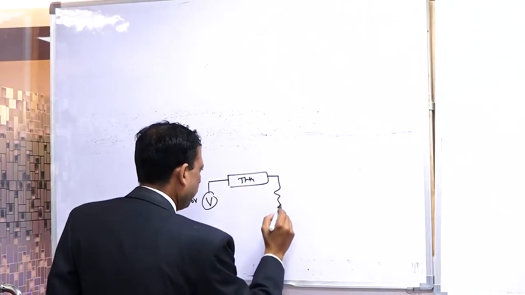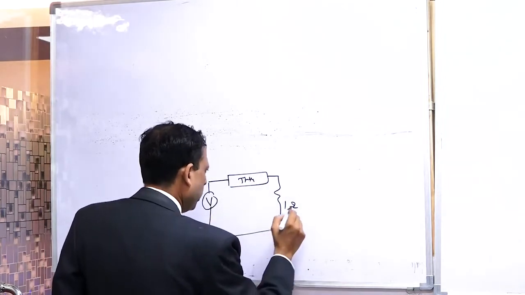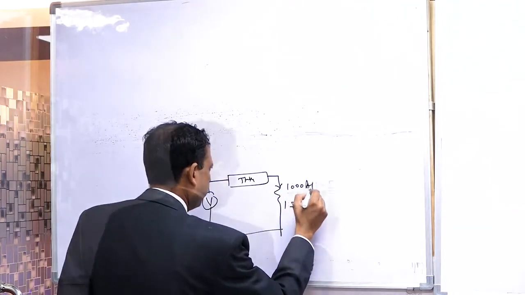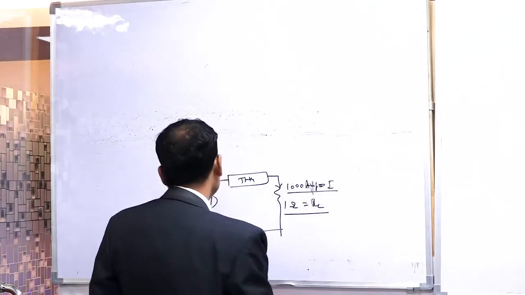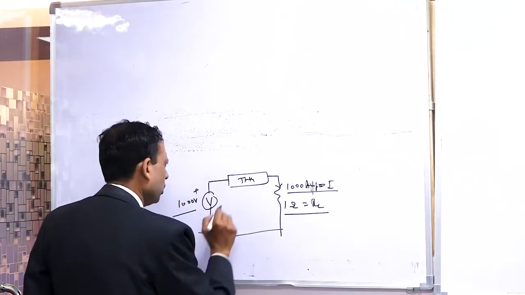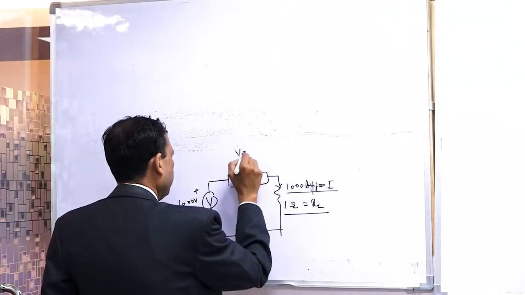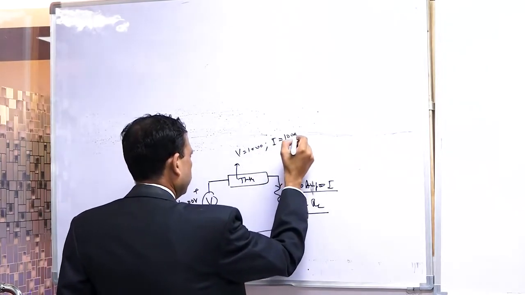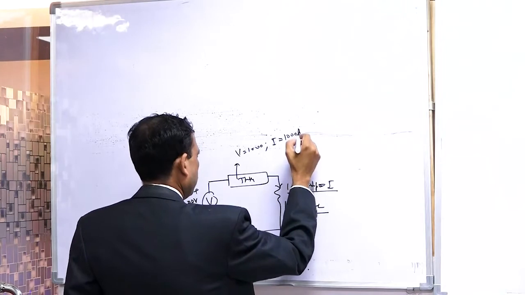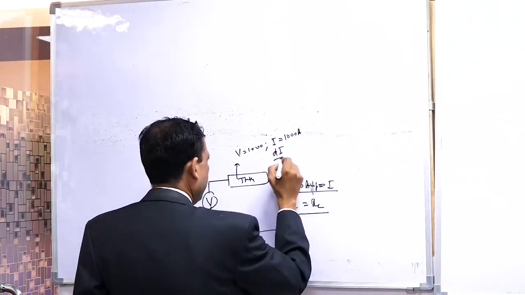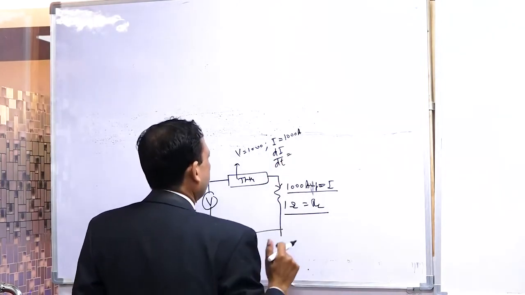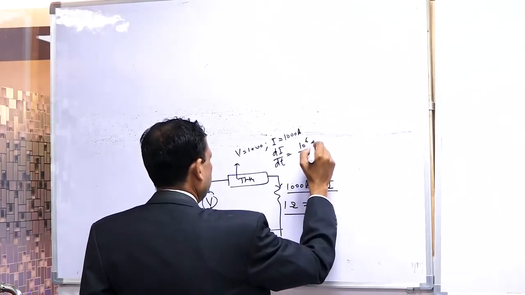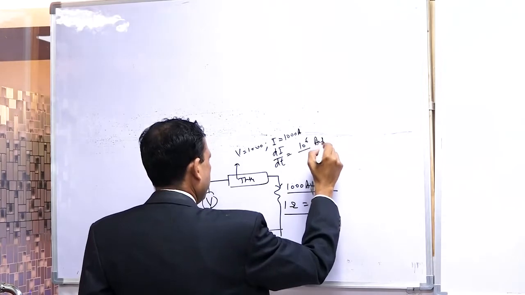Let us say we have 1 ohm of load RL, so we have 1000 amperes of current. The thyristor is rated for V equal to 1000 and current equal to 1000, and it has di by dt equal to 10 to the power 6 ampere per second.